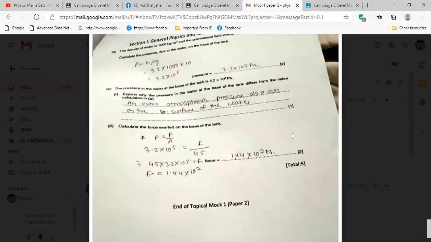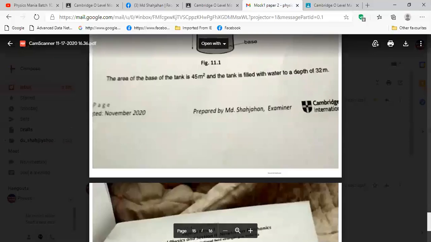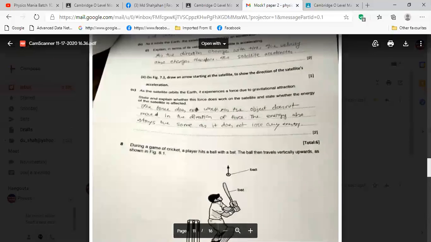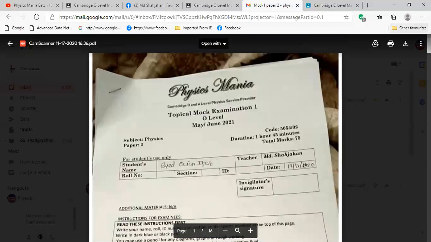Count how many marks you lost. All the minus marks you count, and then tell me what your total marks are. You subtract the minus marks from 75.